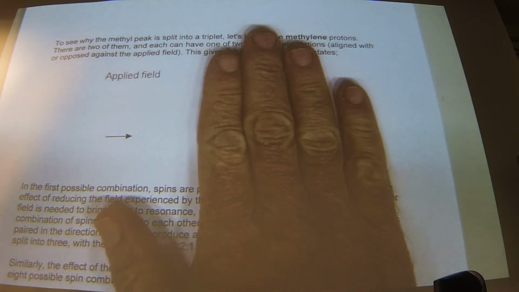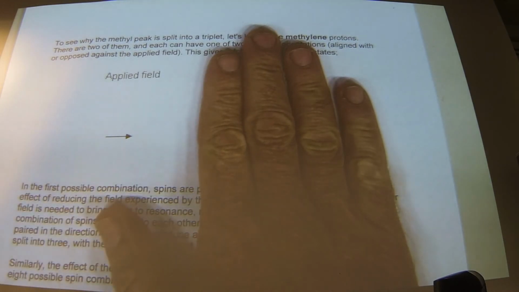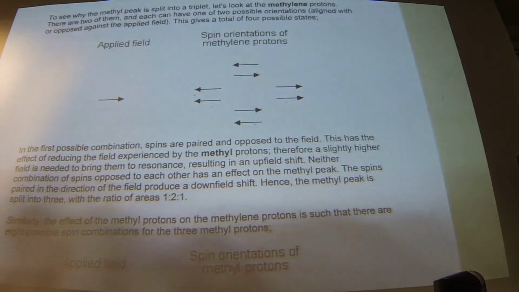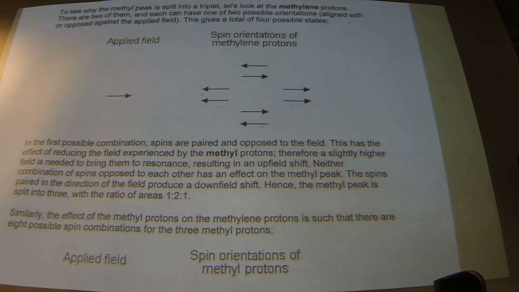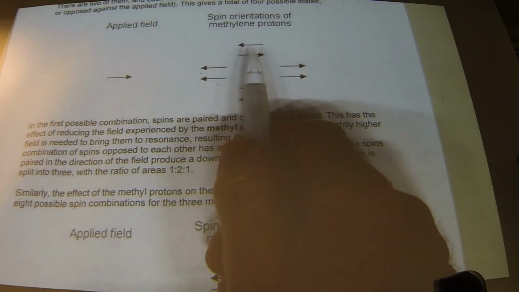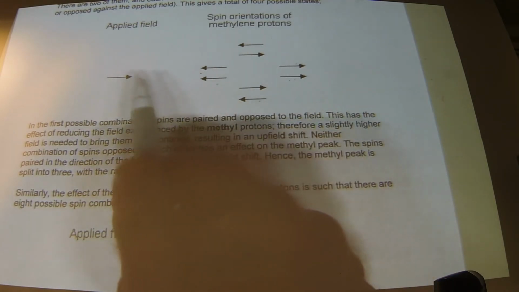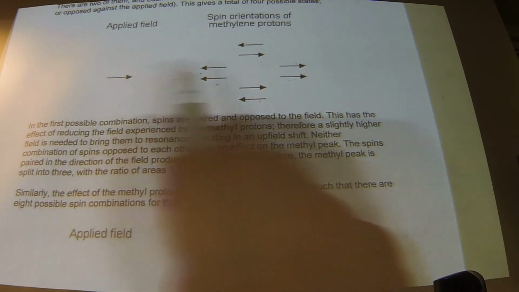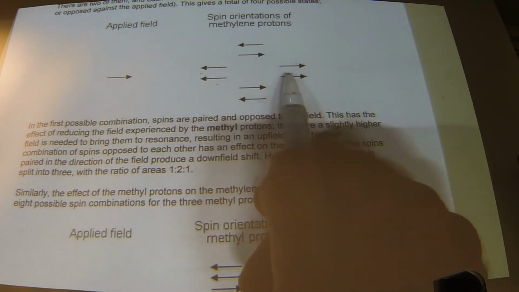Now, I'm going to look at the CH3 and I'm going to think about the CH2s, the methylene protons. So I'm looking at each one of these 2 protons. Those protons have a spin, and that spin can be against the field, or it can be aligned with the field. So both against, both aligned.